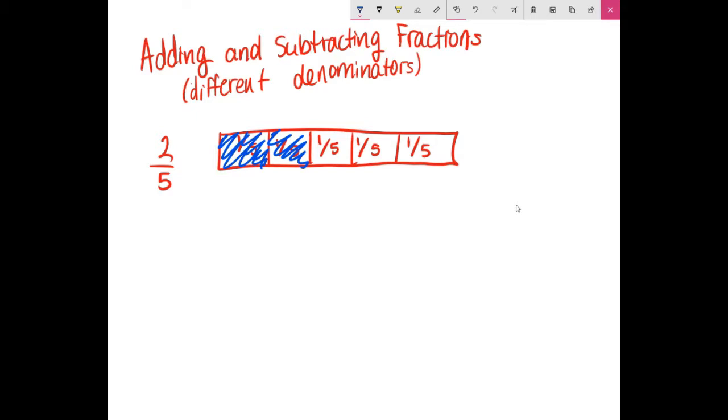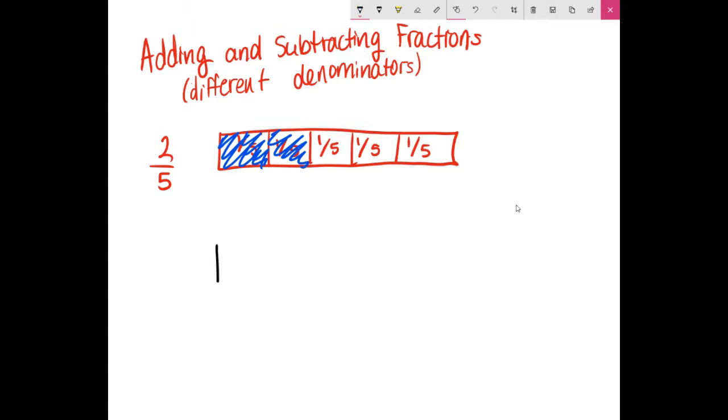Now, let's say we wanted to increase the amount of boxes in the same size strip. That means we will be manipulating the denominator. The denominator tells you how many pieces there are in the whole, and the numerator tells you how many are shaded.